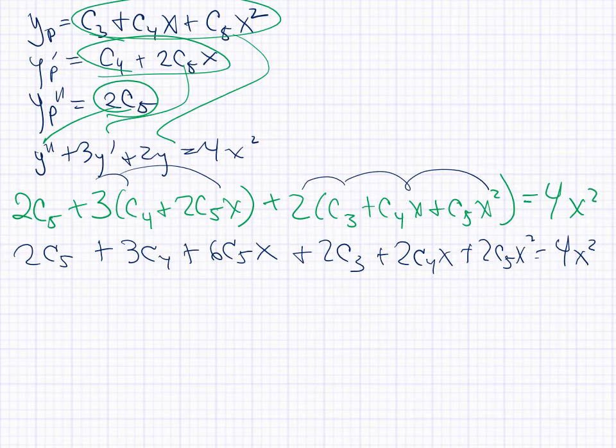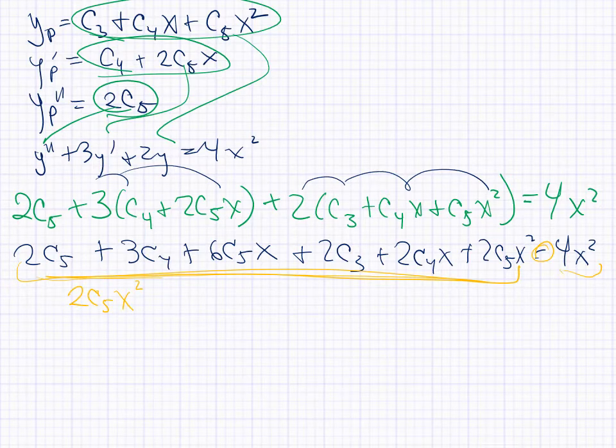Well, the idea is this is an equation. So this side has to equal this side. So if I take all my x squareds from the left-hand side, and there's only one of them, which is 2c5 times x squared, that has to be equal to the x squared on the other side. Well, that's 4x squared. Well, if that's the case, then 2c5 has to equal 4.